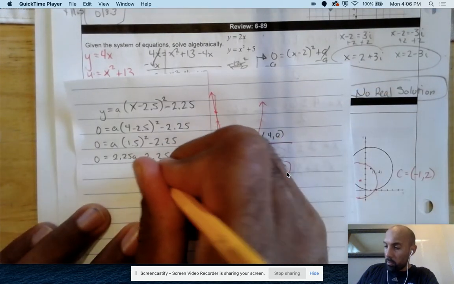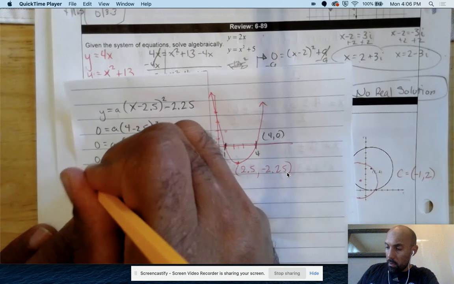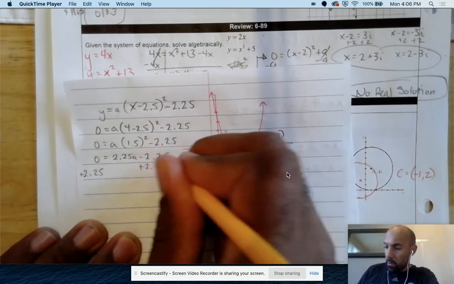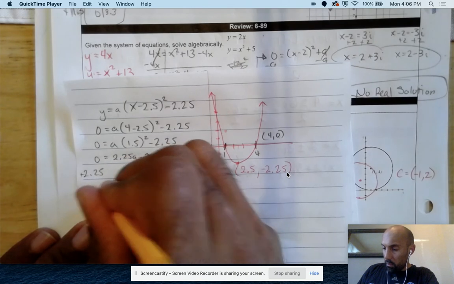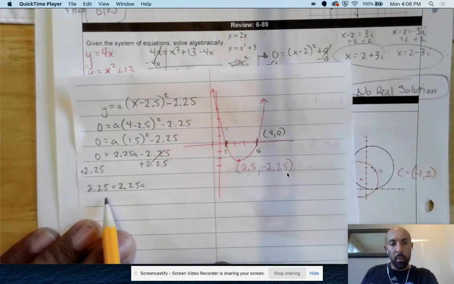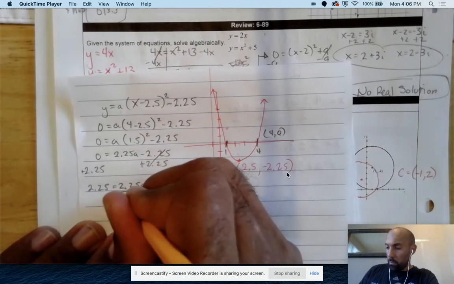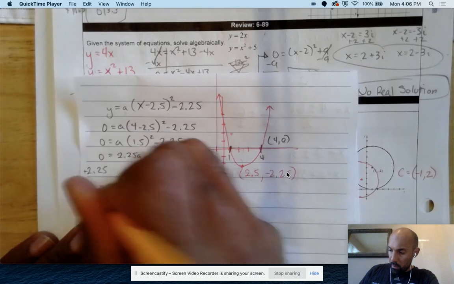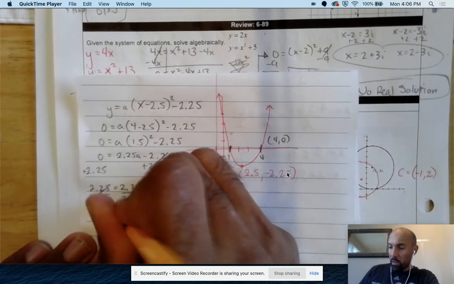All right, so now I'm going to add 2.25 to both sides, just like I would in any other equation. Now it's 2.25, and you guys can kind of see where this is going. Notice I have the same number, right? And so when I divide this 2.25 from both sides, it ends up being a equals 1.